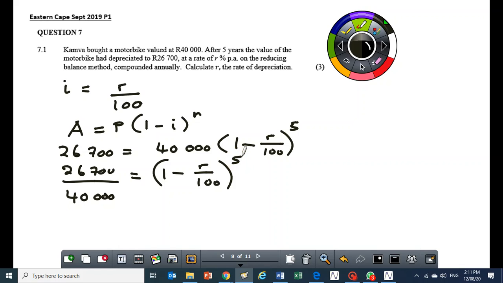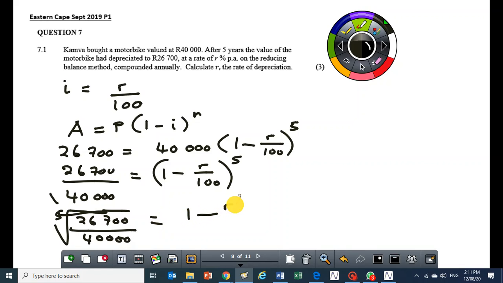Then, since I need R, I can take the fifth root. My next step, I can take the fifth root of 26,700 all over 40,000. This is equal to 1 minus R over 100.